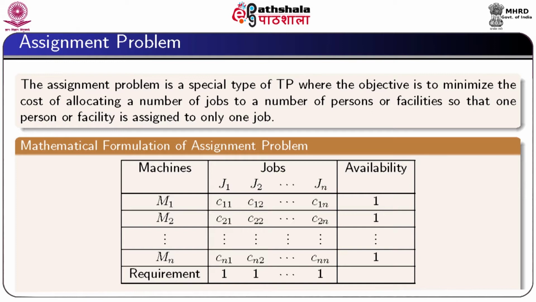This problem is similar to the transportation problem, except that the availability of the machine is 1 and the requirement of job for the machine is also 1.